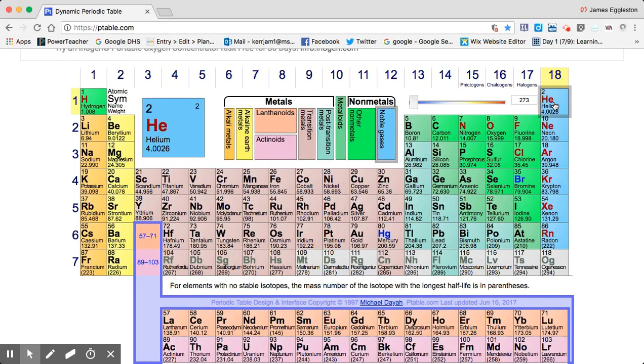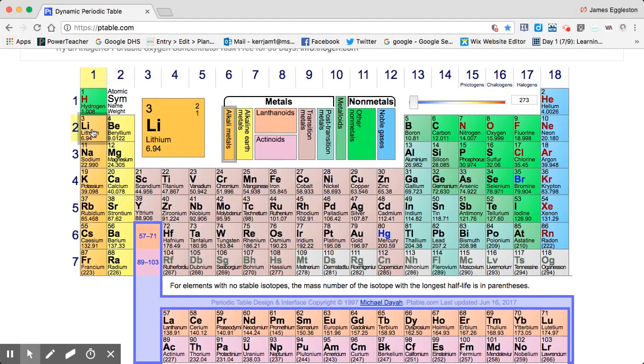Its symbol is He, and there's your spelling. And then you see the average atomic mass is 4.0026. Helium then would usually have 2 protons and 2 neutrons, each proton and each neutron having a mass of 1 for a total mass of 4.